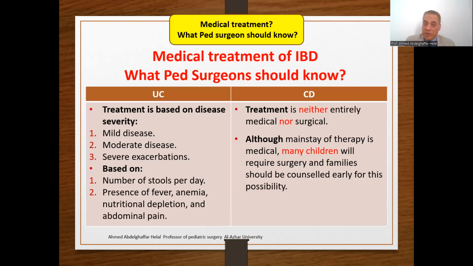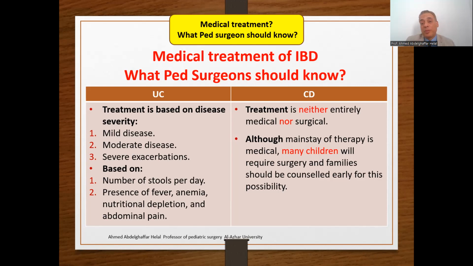Regarding medical treatment, what should pediatric surgeons know about it? The medical treatment is expanding nowadays. There are many groups of drugs. So the question is what the pediatric surgeon should know. Regarding ulcerative colitis, the treatment is usually classified according to the disease severity: mild, moderate, severe.